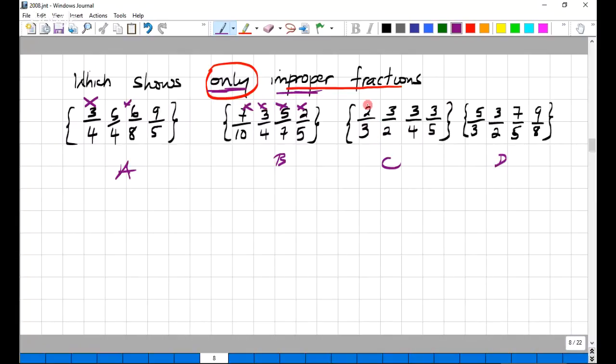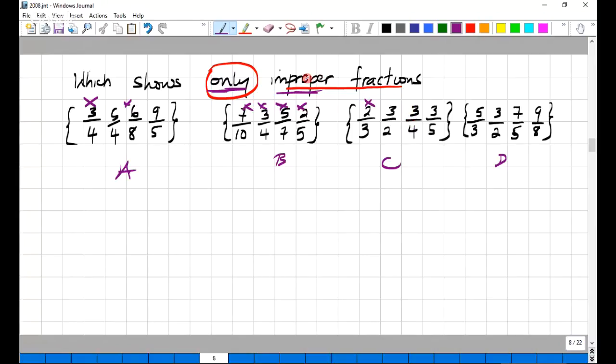Let's go over to C. Call it so I can hear what you're saying. What's the name of this fraction? 2/3, sir. Very good. And 2/3 is what? Proper, so that can't be in it. Next one, say the next one. 3/2, sir.